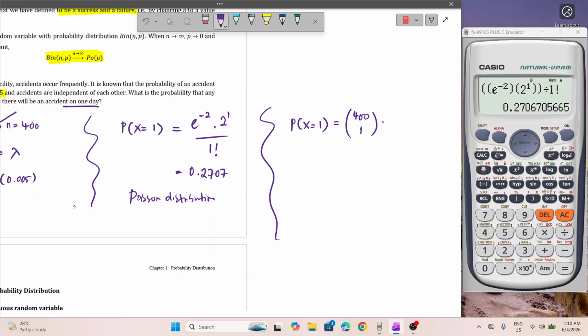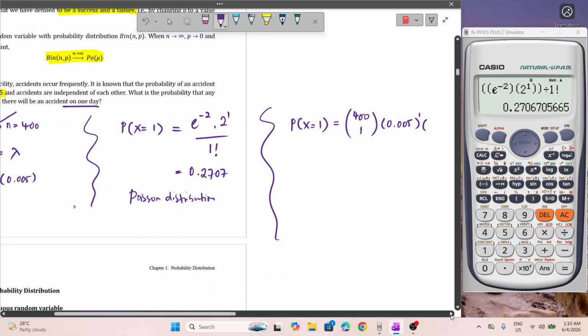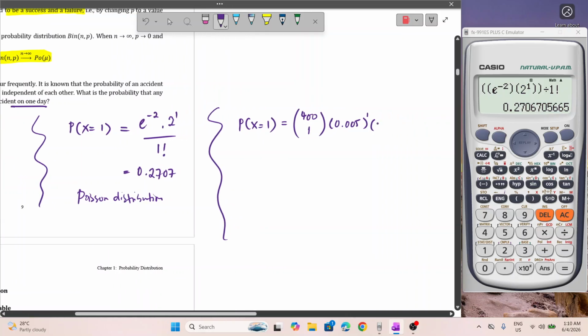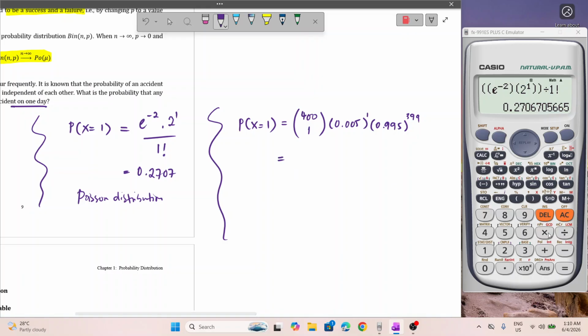The probability of success is 0.005 to the power of 1, and the probability of failure is 0.995 to the power of 399. Try solving this.